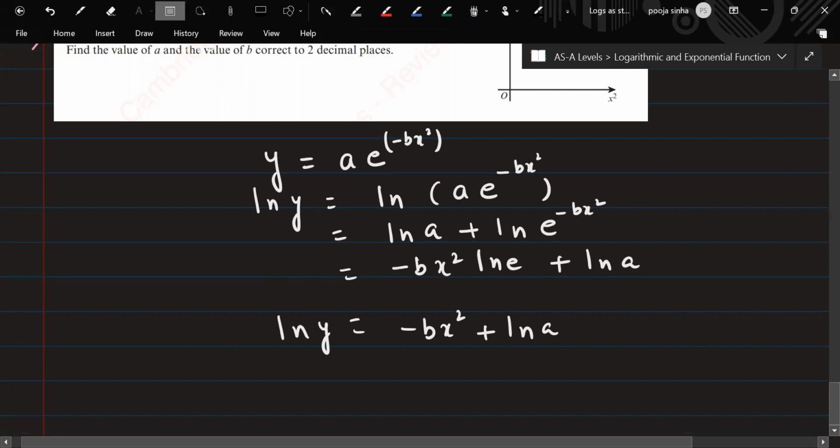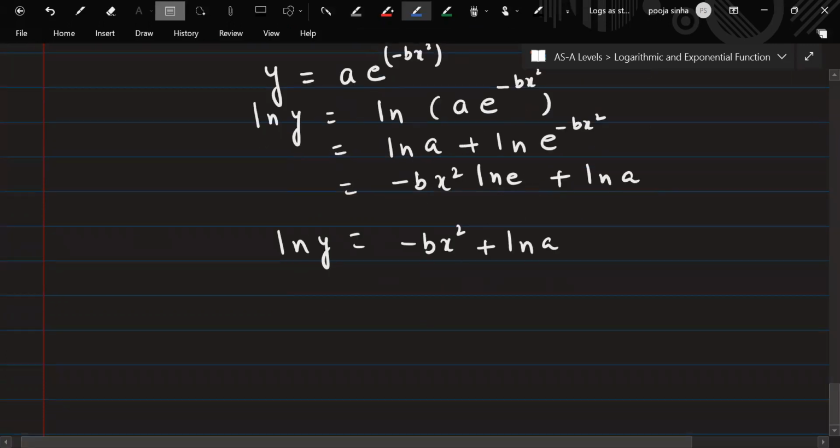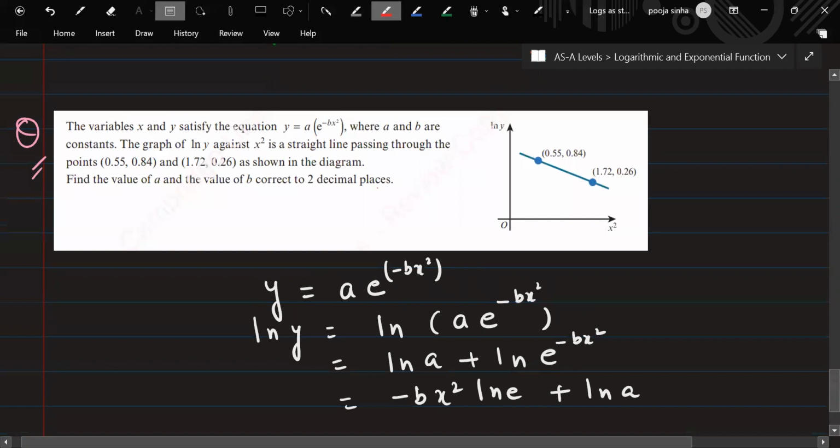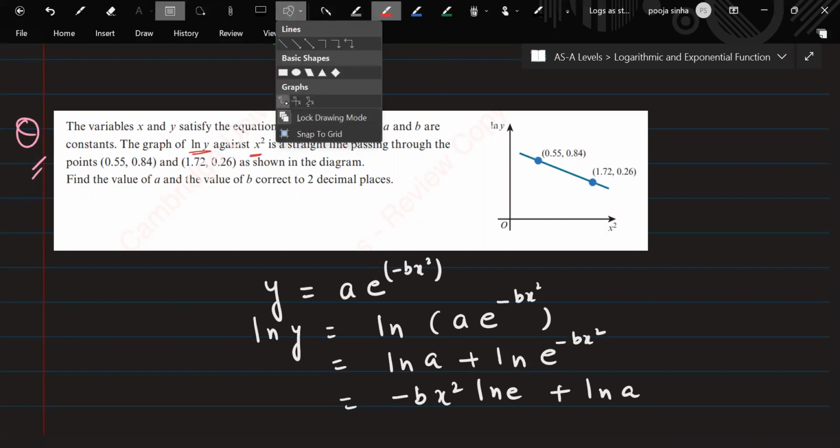And I can clearly see what is x, what is y. I can clearly see this is the y, minus b is your m, this is x, and this is c. The entire x square is x, because it is clearly saying here that the graph is between x square and ln y. Did you understand why? That's how we are converting it.